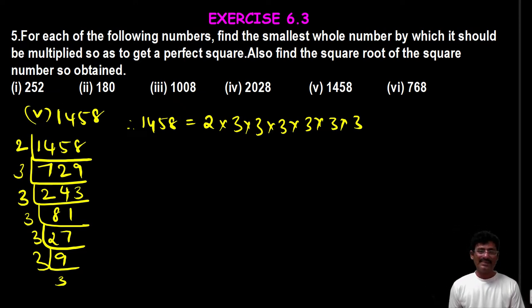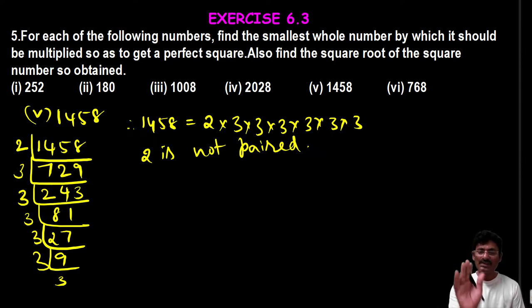Okay, right. So 2 is not paired here. So this number 1458 is to be multiplied by 2 to get the perfect square.